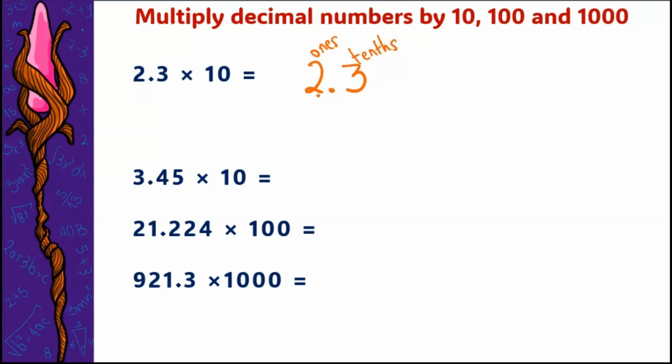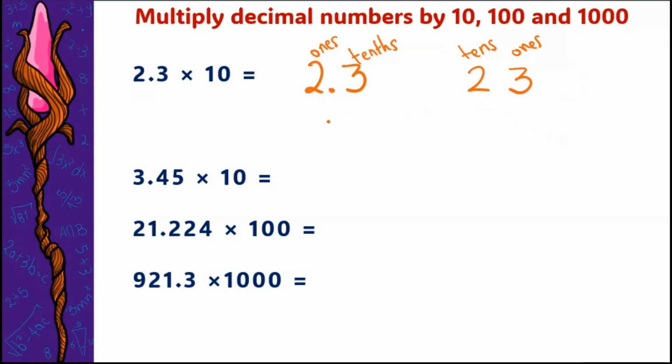If the 2 is upgraded, it's going to go to the position of the tens, and the tenths upgraded have to go to the ones. So 2 from ones to tens, and 3 from tenths to ones. That means it's not going to be a decimal anymore, because the point is going to be here, but it's 0 after the decimal point. That's the same thing as saying just 23.